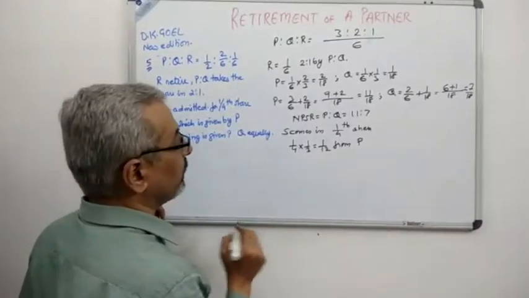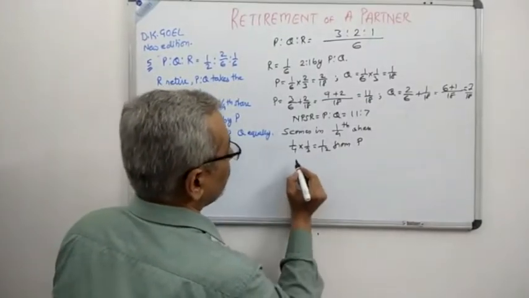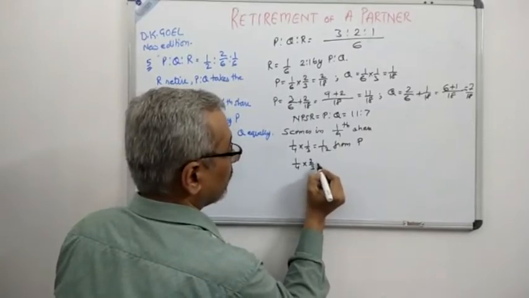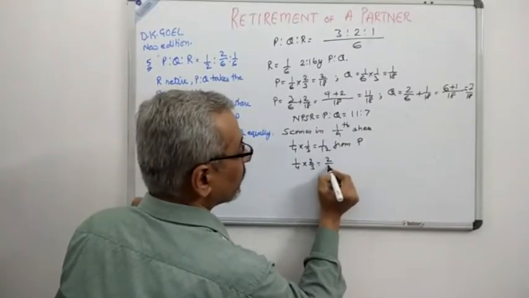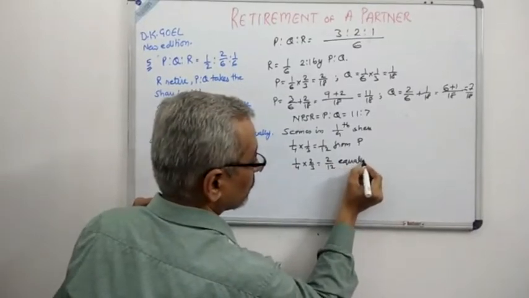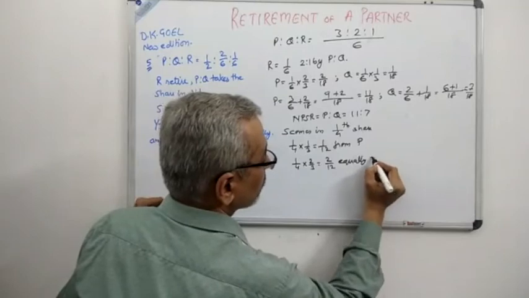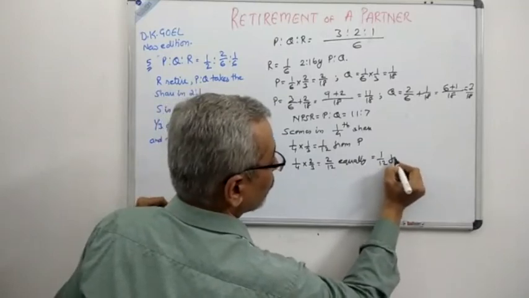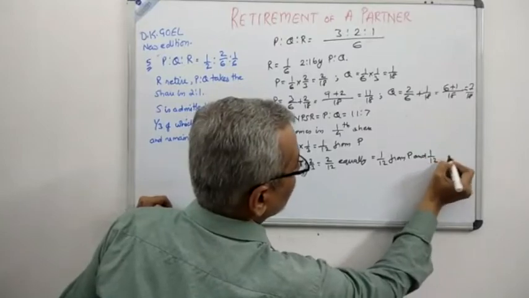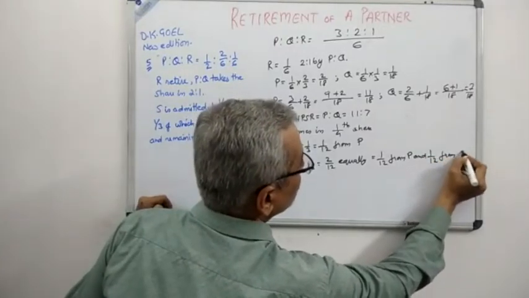What is the remaining share? The remaining share will be 1/4 into 2 by 3, that is 2 by 12 equally. That means 1 by 12 from P and 1 by 12 from Q.